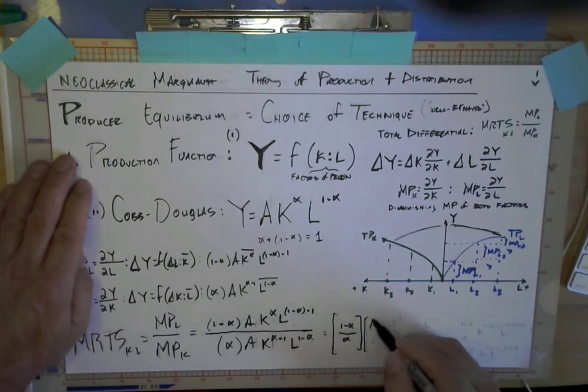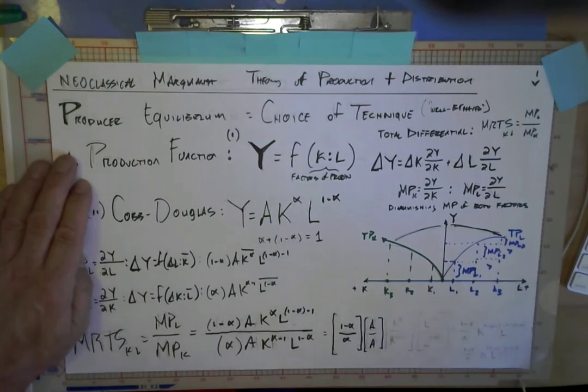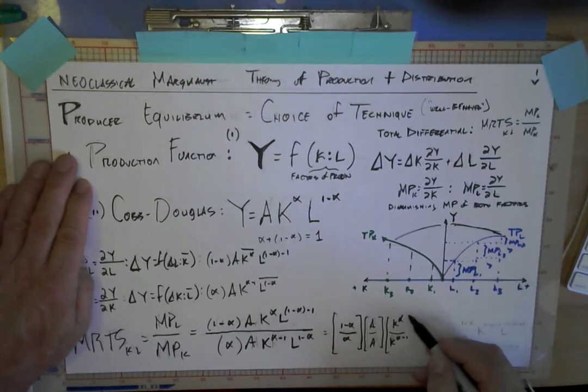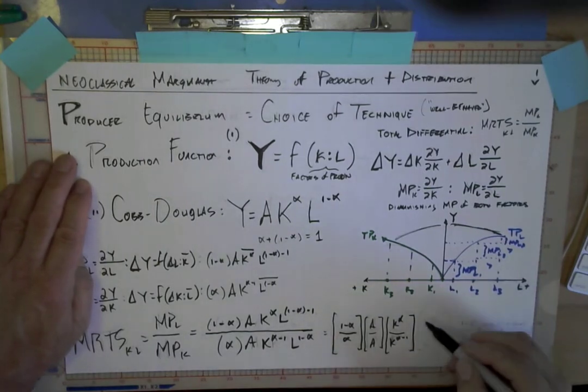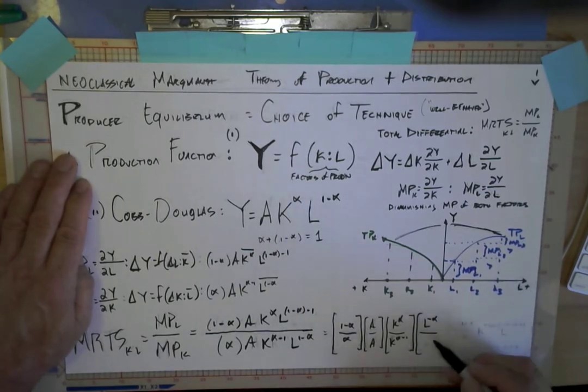This is going to be A over A, which goes to 1, that cancels out. This is going to be K to the alpha divided by K to the alpha minus 1. This is going to be L to the negative alpha divided by L to the 1 minus alpha, which is going to be here.